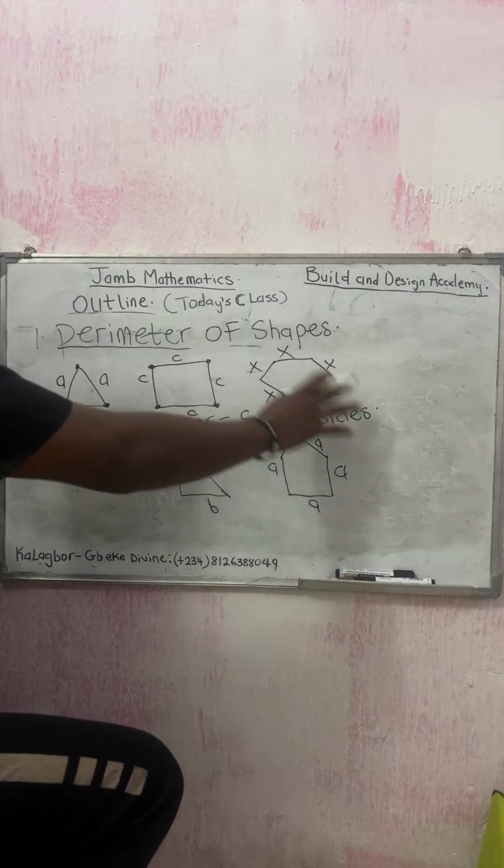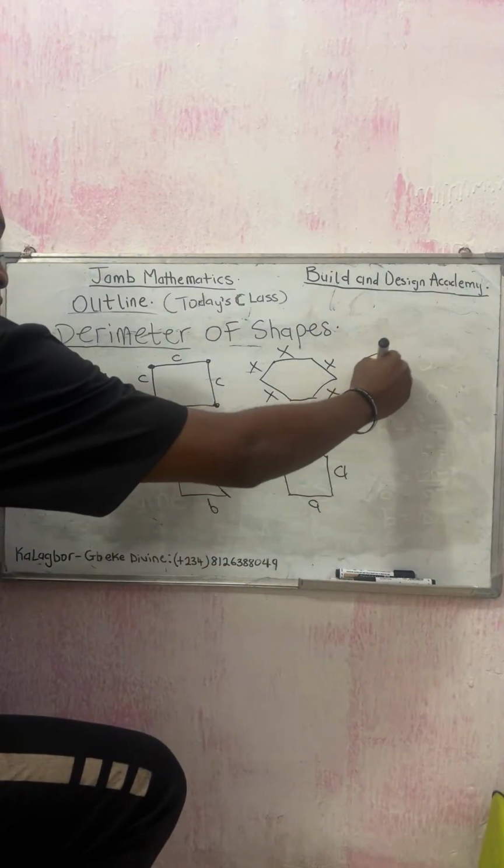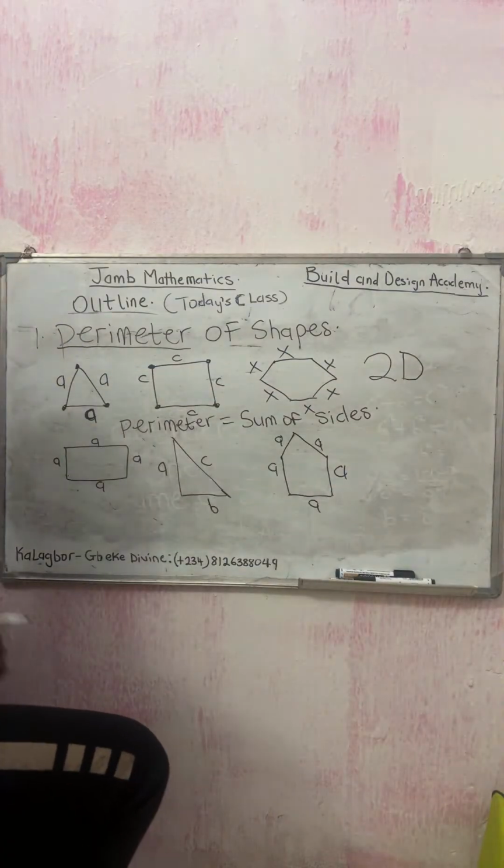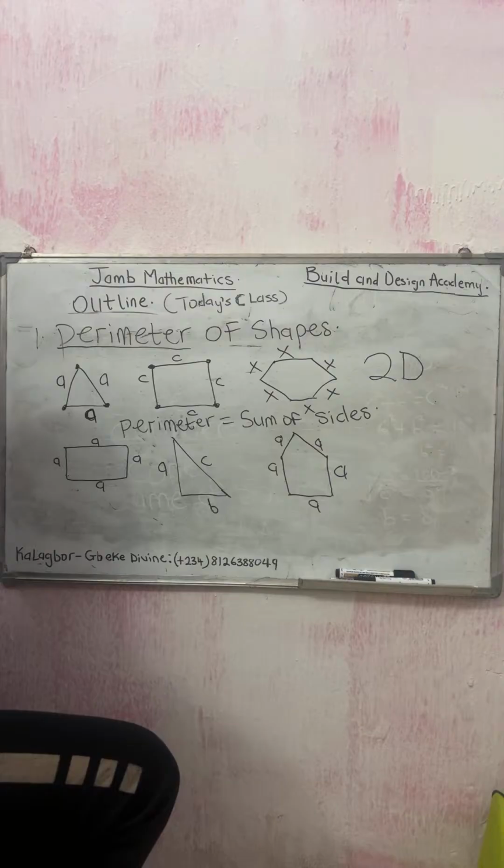Remember, all these shapes are flat shapes, so they are called two-dimensional shapes. So the total distance around a 2D shape is called a perimeter. Think of it as the length of a string required to wrap exactly once around the boundary of an object.